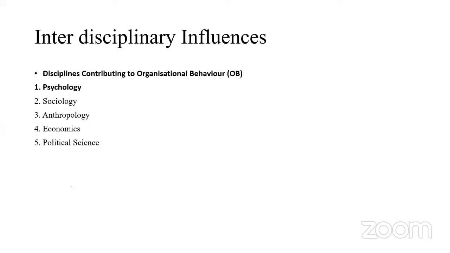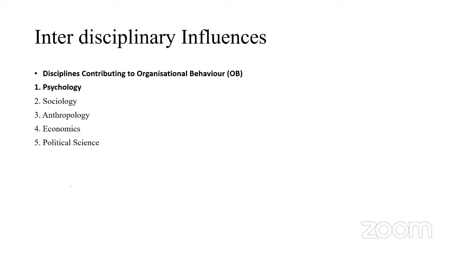Coming to sociology, social psychology or sociology. See, it focuses on the structure and functioning of societies, social groups. So, in OB, sociology is concerned with the organizational structure, organizational culture, the impact of social norms and values on behavior. So, how does the field of sociology help OB?